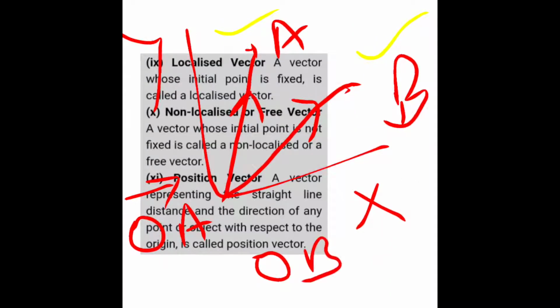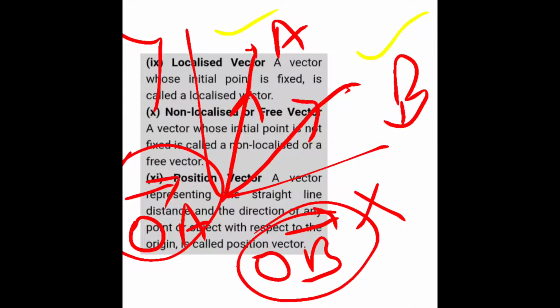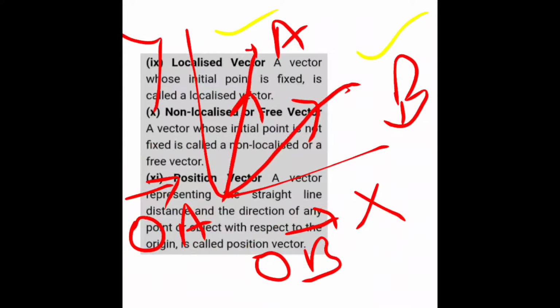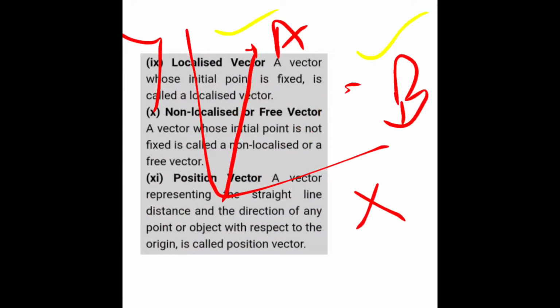These are called position vectors. Position vectors are those vectors which specify a particular point in a given plane. That means by the OA vector and OB vector we can specify the position of a given point. So these are the position vectors.